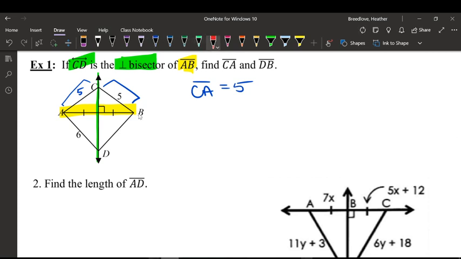And if we look at the bottom half, the same situation is happening, but down here, we find DB. We have line CD is the perpendicular bisector. So point D is equal distance to A as it is to B. So DB must be 6.